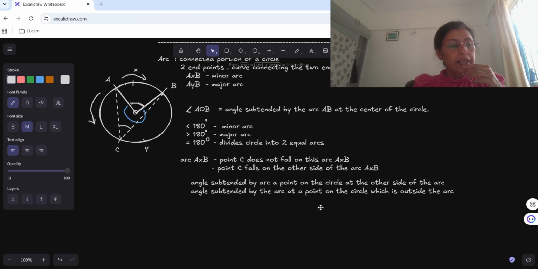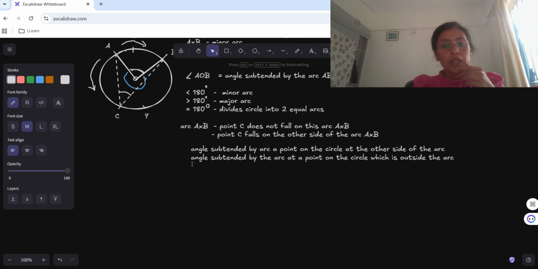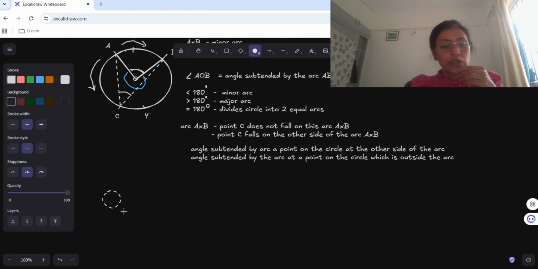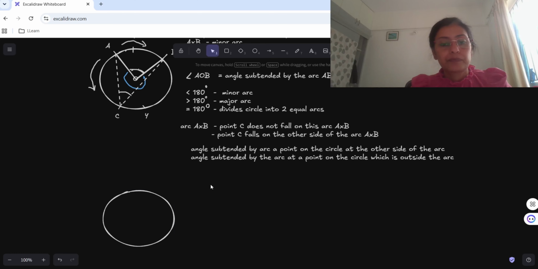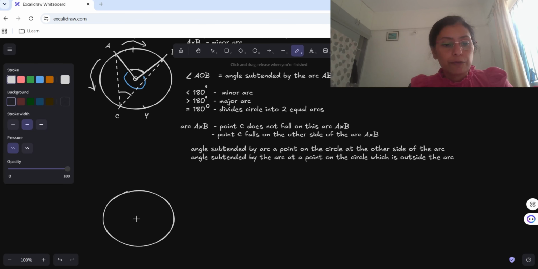So with that, we will come to the next theorem. This is the first theorem on the arcs. So we will have a center.